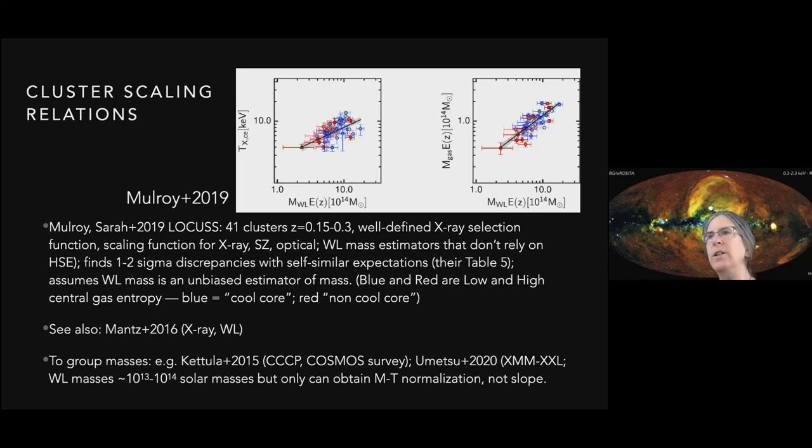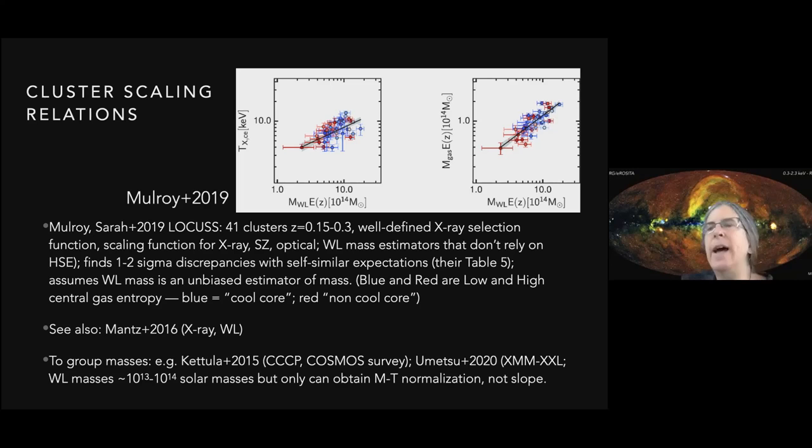What you should notice is that, at least for these two indicators, whether it's a cool core or a non-cool core doesn't seem to matter. One of the reasons for that is that the temperature is T sub CE, that's core excised. So it's taking out the so-called cool core, and the temperature plotted here is the temperature outside of the core.